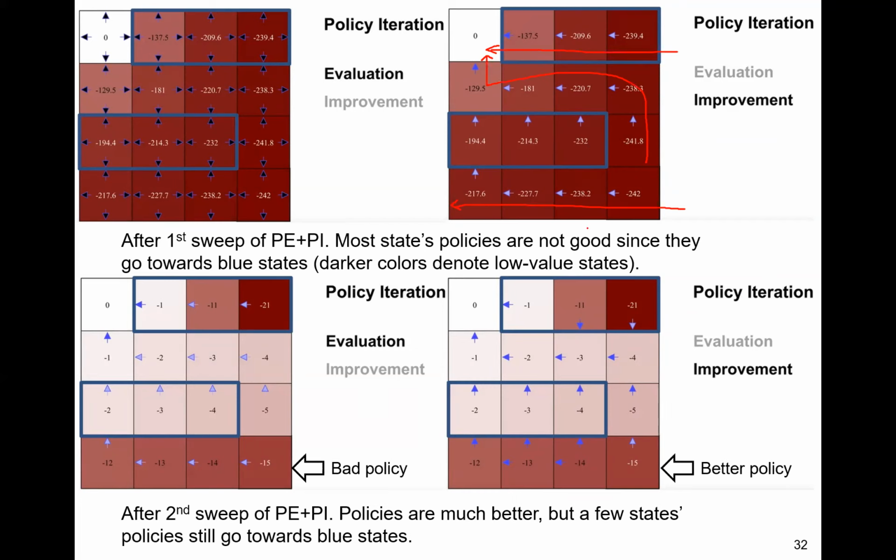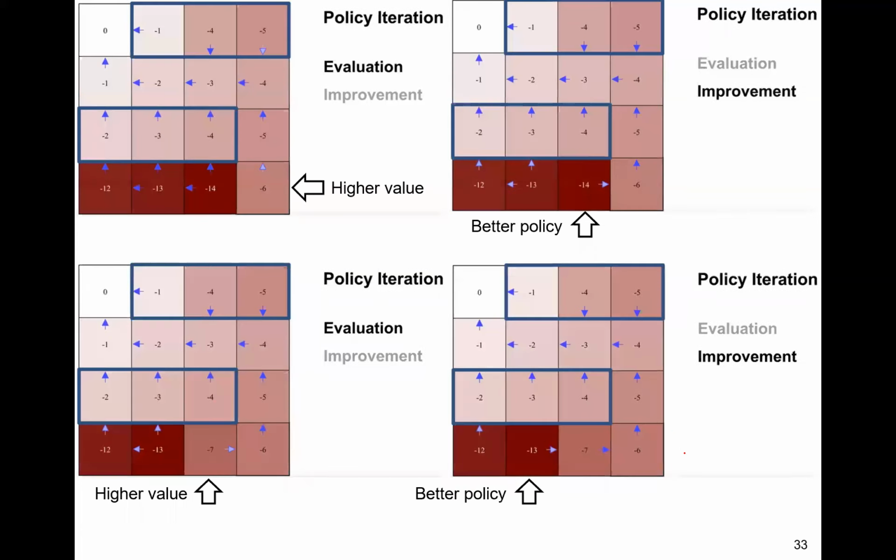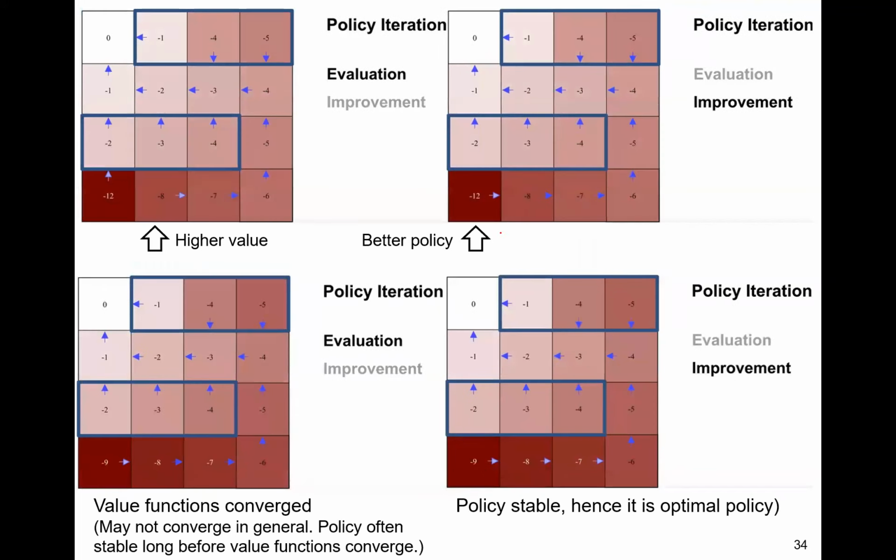So as you go through the policy iteration steps, gradually you are fixing the policies one by one. So now this policy is fixed. It's pointing upwards. If you go more steps, this policy is fixed. It's pointing to the right. And this policy is pointing to the right. And this is pointing to the right. So you can see that gradually it converged to the optimal policy.